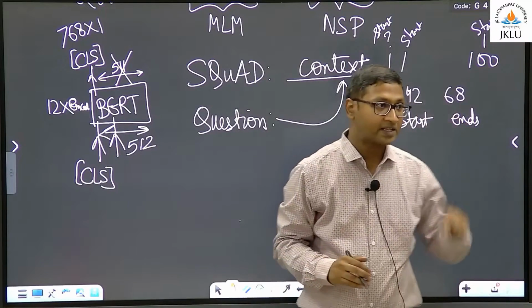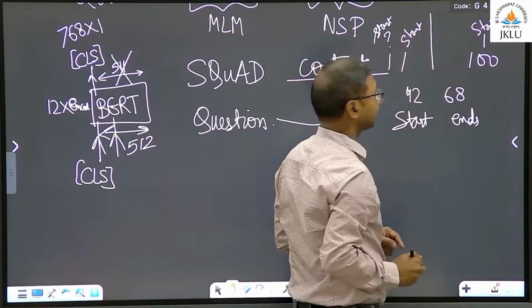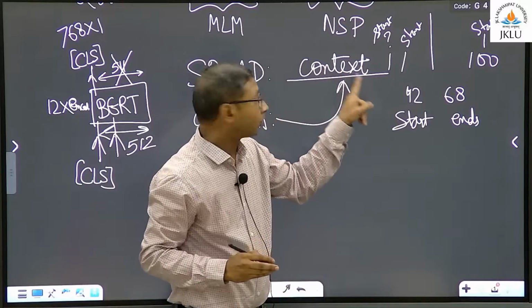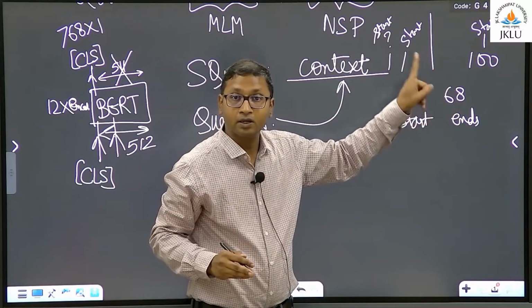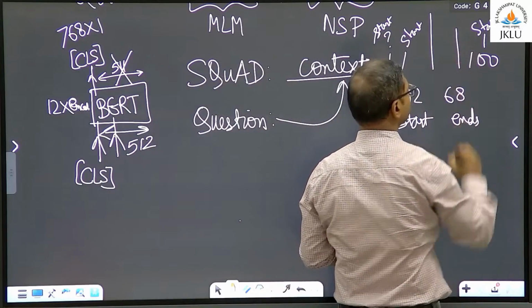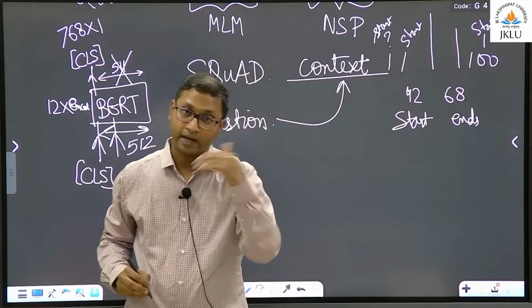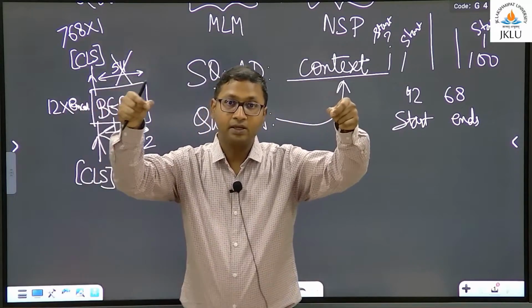Wherever you get the maximum probability, let us say in this case position 42 for the start token. Similarly, you will have something called the end token. The probability at 68 was the highest for the end token, and that chunk is what you reply as the answer.